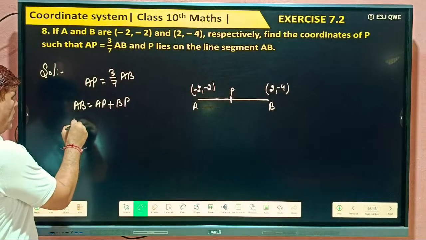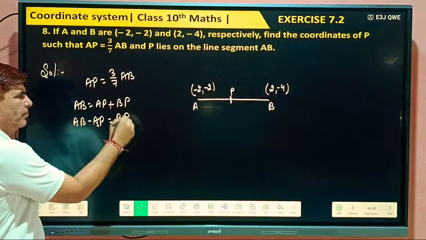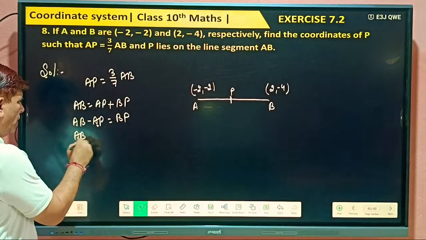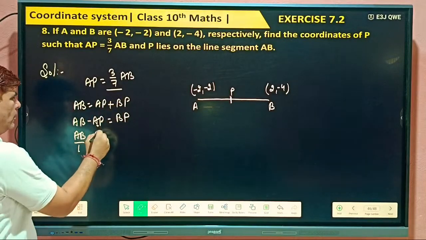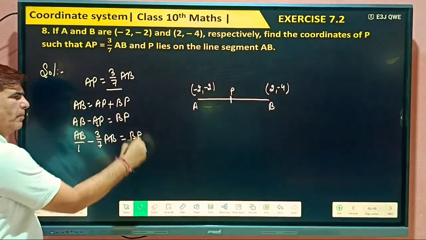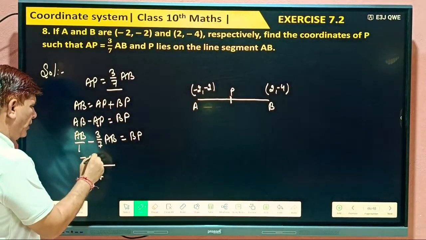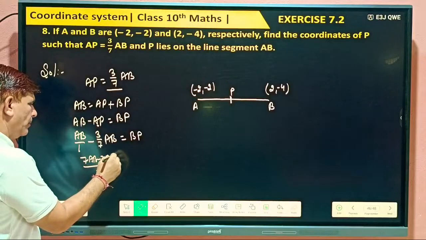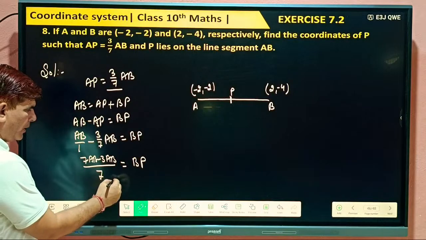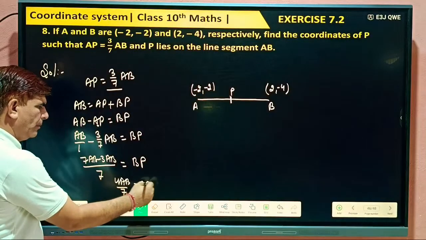So AB minus AP is equal to BP. This we can find out. AB by 1, AP is given as 3 by 7 AB. And what is BP? 7 is the LCM. 7 AB minus 3 AB is equal to BP, so 4 AB by 7 is equal to BP.